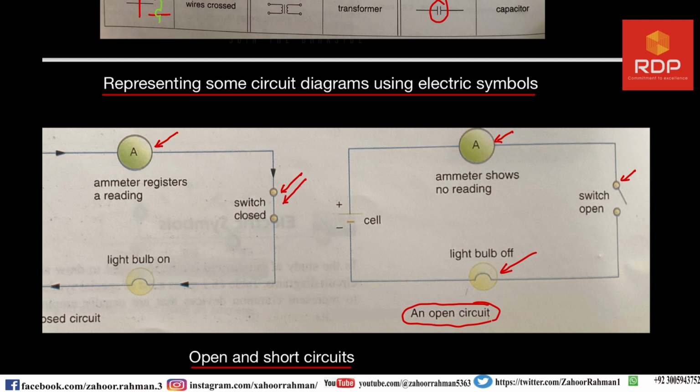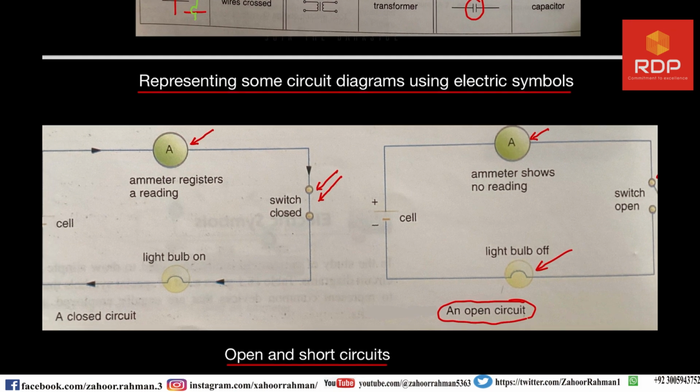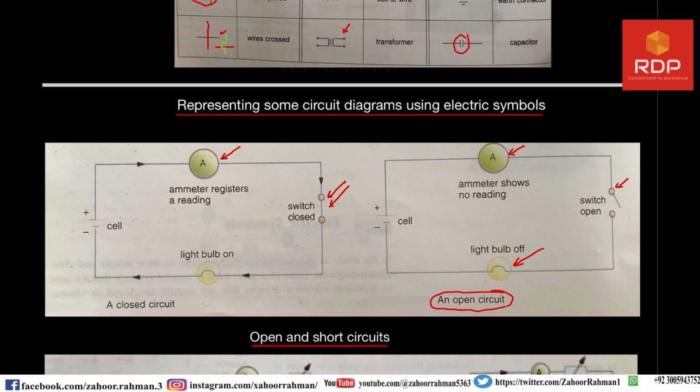When the circuit is closed, you can see the light bulb is on here because we closed this switch. This is a symbol you learned for the cell, which is providing the necessary electrical energy to turn this bulb on.